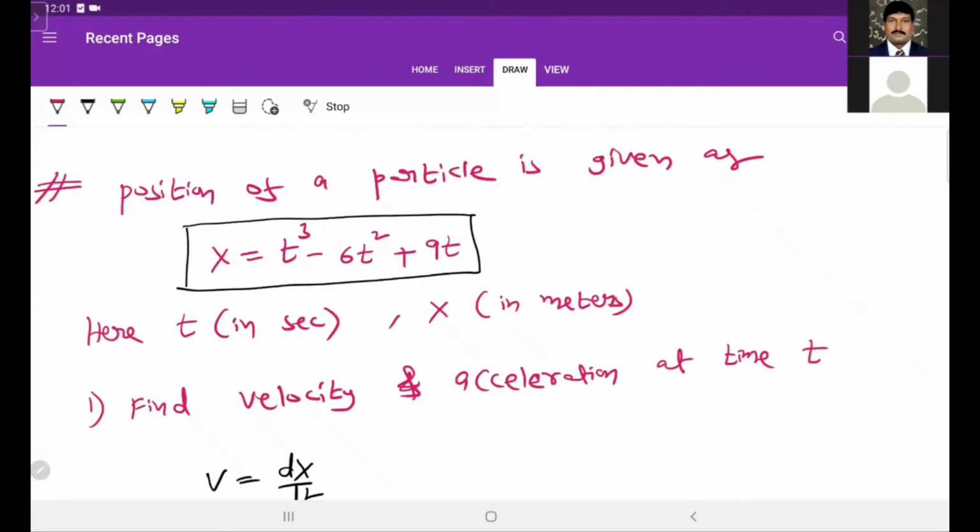Suppose in this question we ask what is the velocity after 2 seconds and after 4 seconds.